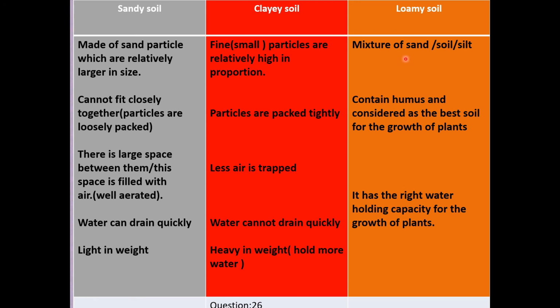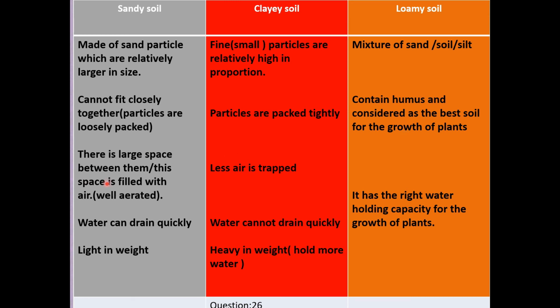Silt I have already explained. Next, sandy soil cannot fit closely together. That means here the particles are loosely packed. In clay soil, particles are packed tightly. Loamy soil contains humus and it is considered the best soil for the growth of plants.